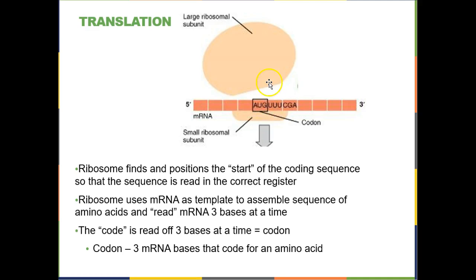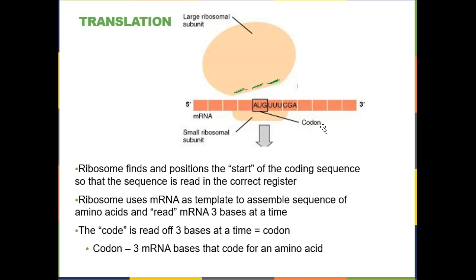And then it is going to move along the mRNA and read it off 3 bases at a time. They don't really have it drawn here, but there are 3 different active sites, and each of the 3 active sites is just big enough to fit across 3 bases in the mRNA, and that's the physical basis for this 3-letter codon.